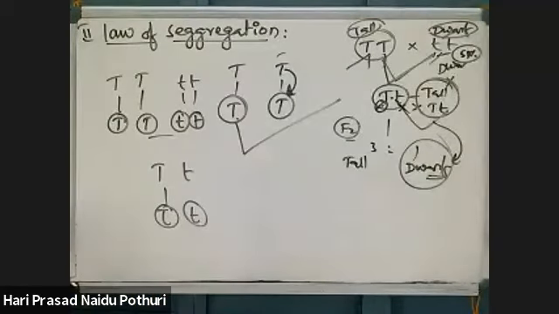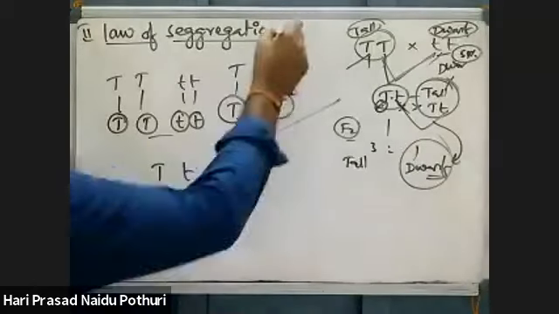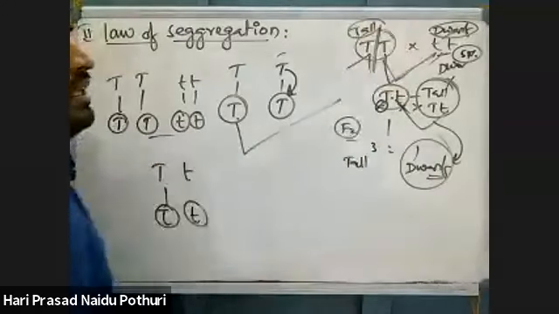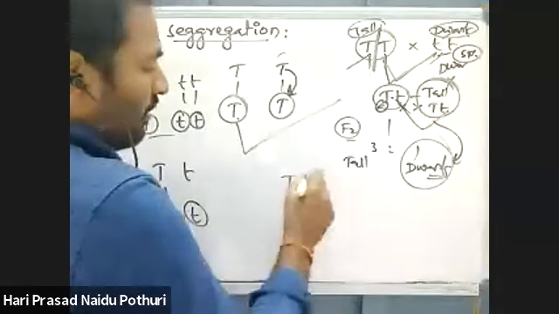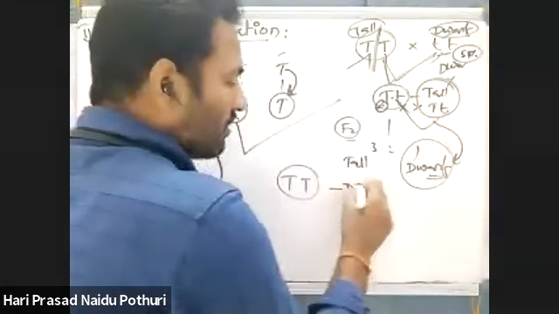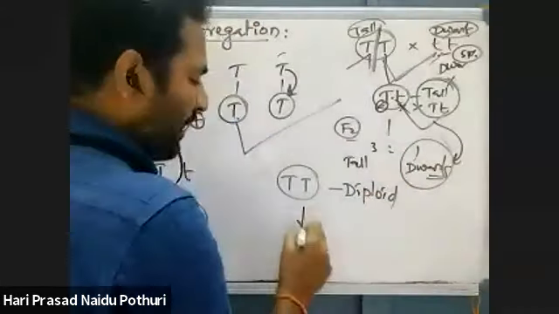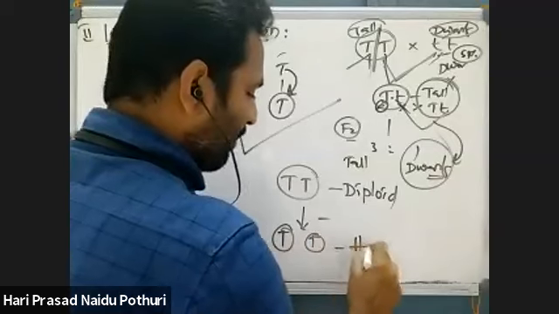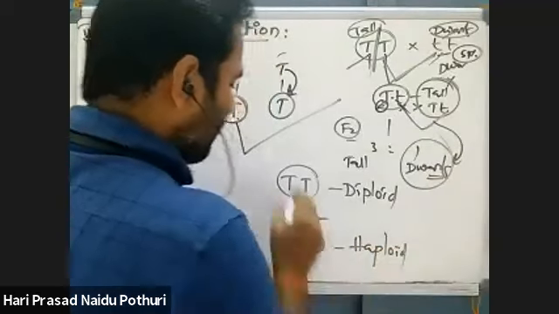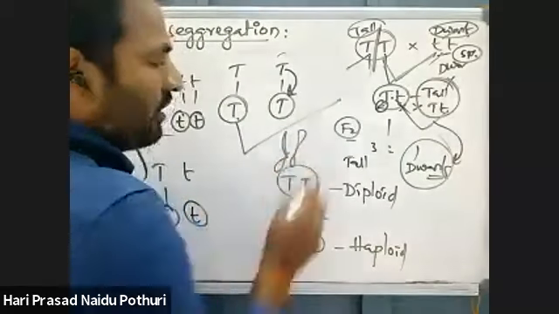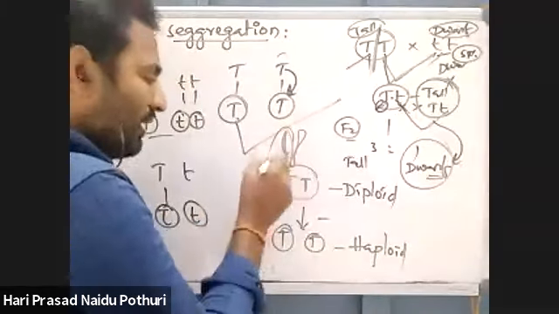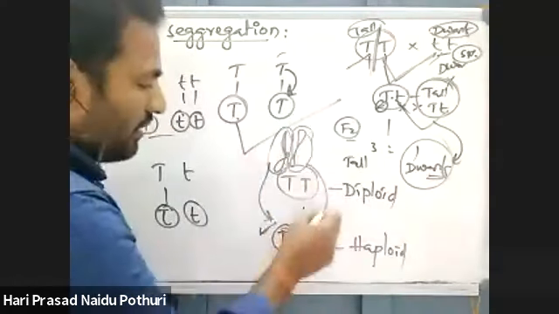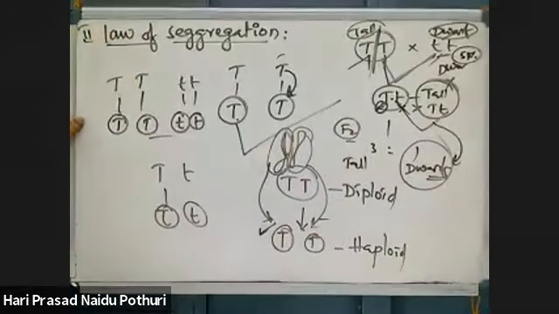Segregation means gamete formation results in the segregation of the pair of alleles. The parent is a diploid member; upon reproduction it produces haploid gametes. Suppose one allele is on one chromosome and another allele is on another chromosome; one gamete will get one chromosome and so only one allele, and another gamete will get the other chromosome and the other allele.